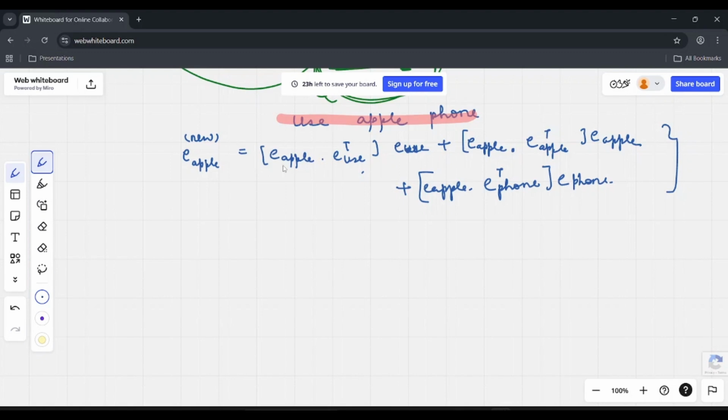If you see here, since we are finding the contextual embedding of Apple, let's consider Apple. Then the word embedding of Apple is used in three different ways. The first one is here, the second one is here, and the third one is here. If you look at these three word embeddings, you will understand that they are used differently.